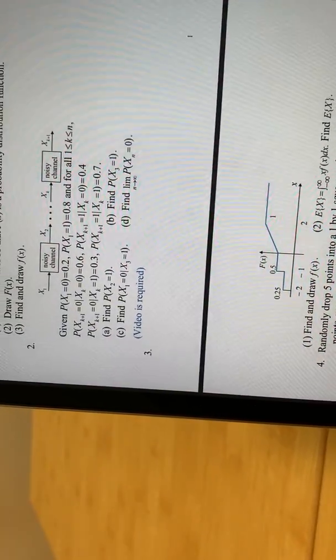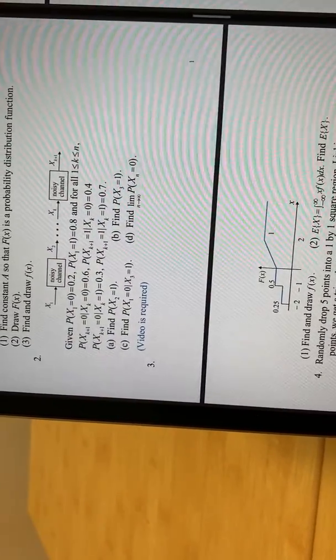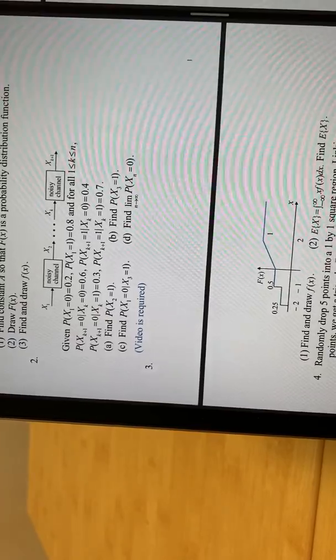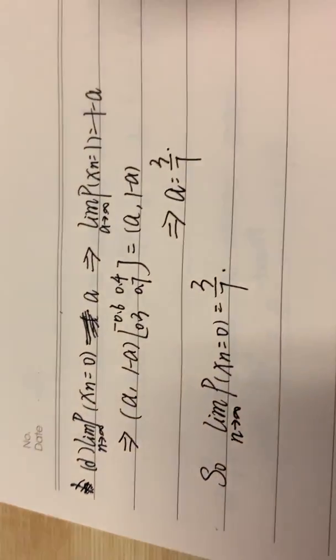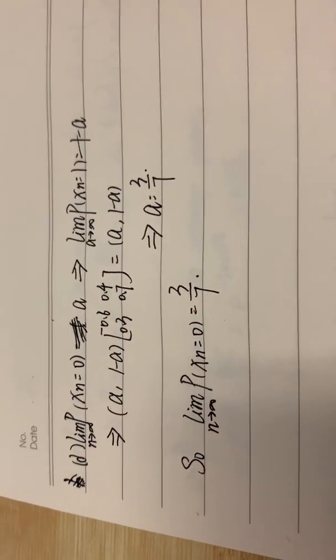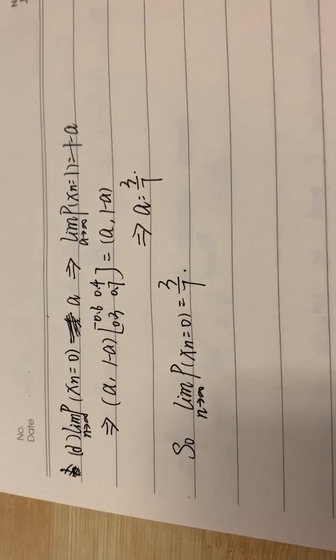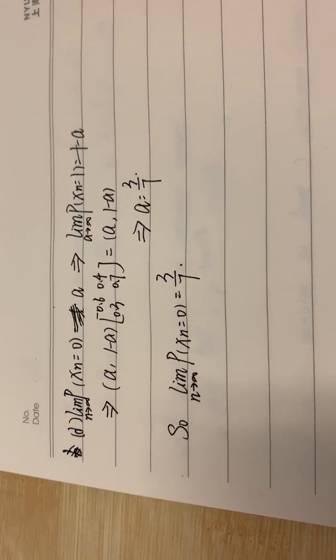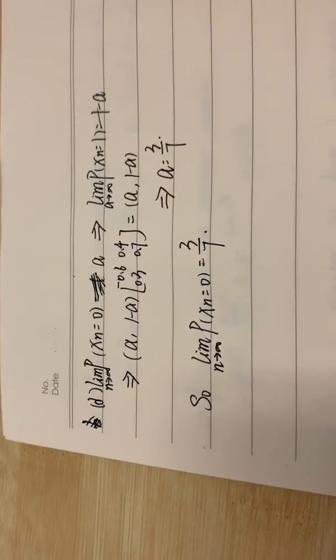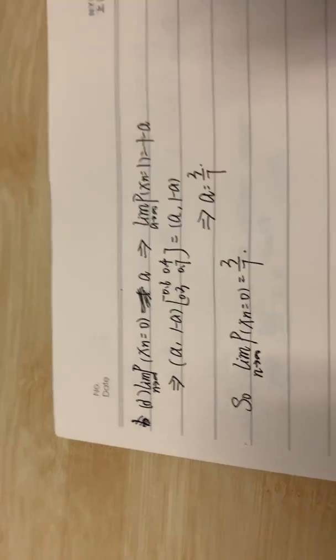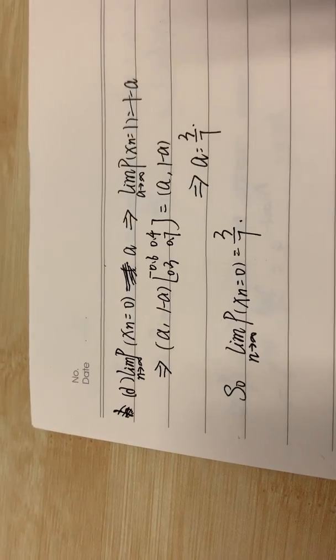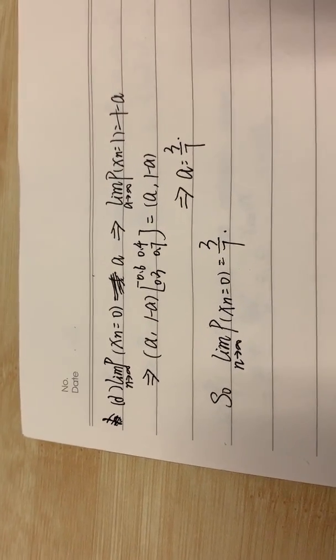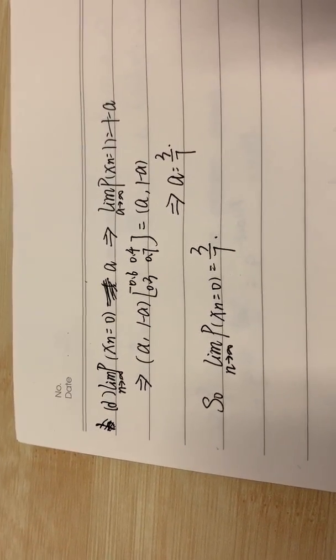Okay, let's come to the last question. The last question, we should find P(xn equals 0) when n comes to infinity. This is a very simple question, because when n is large enough and it comes to the limit, we should know that after enough noisy channels, the probability doesn't change anymore.